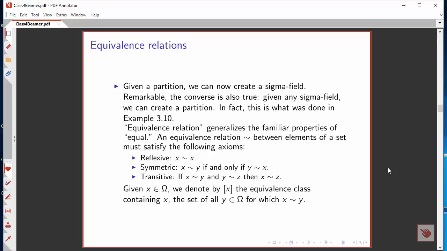Now, given any x in our sample space, we can construct an equivalence class. This is [x], x in square brackets. This is the equivalence class containing x, the set of all y's in the sample space for which the equivalence relation x is equivalent to y is true.